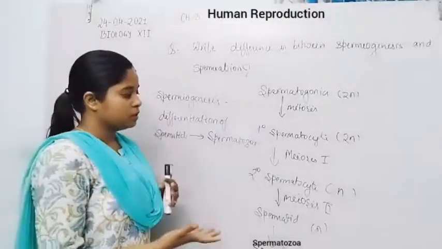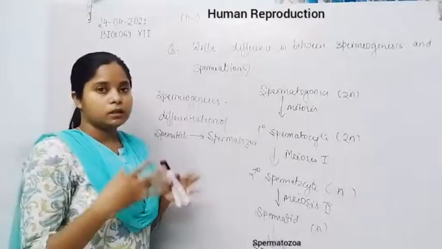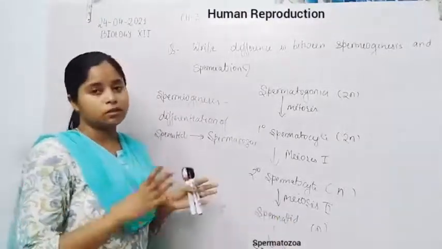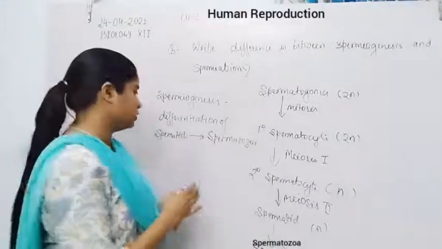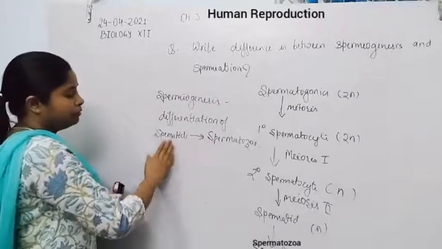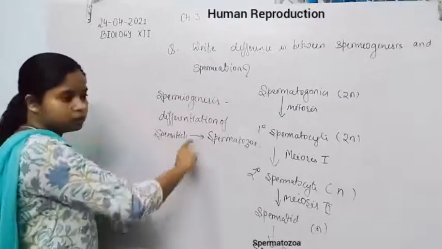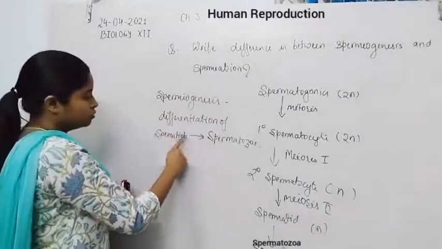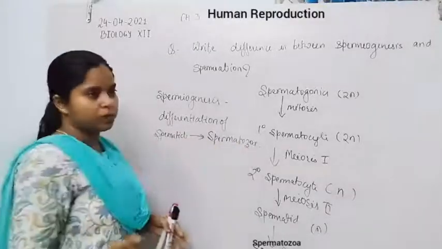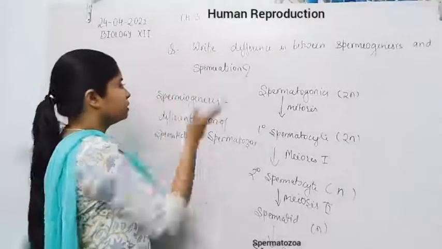The cytoplasm is already divided into four parts, so the size of the spermatozoa also decreases. Now, spermiogenesis is the process by which the spermatid is converted into the spermatozoa.